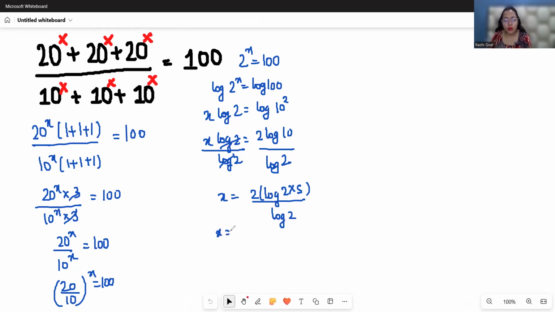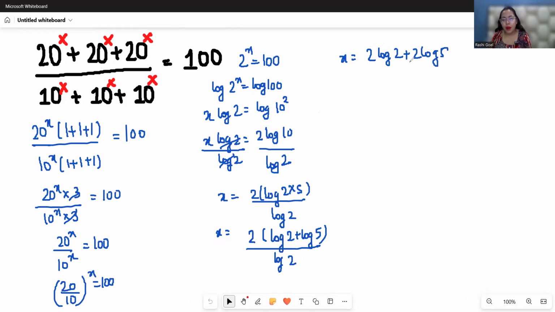So x equals 2 bracket, this log of 2 times 5, I can write as log 2 plus log 5, by log 2. So x equals 2 log 2 plus 2 log 5 by log 2.